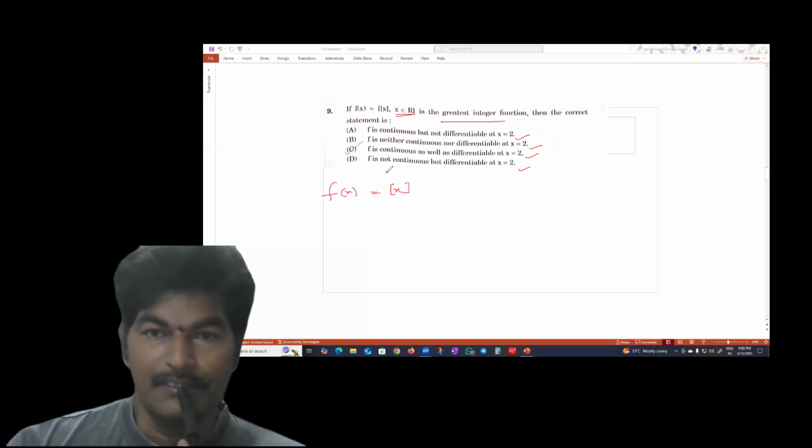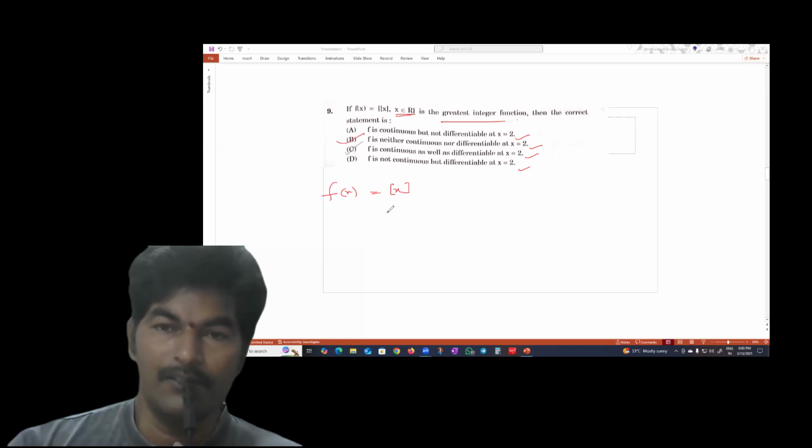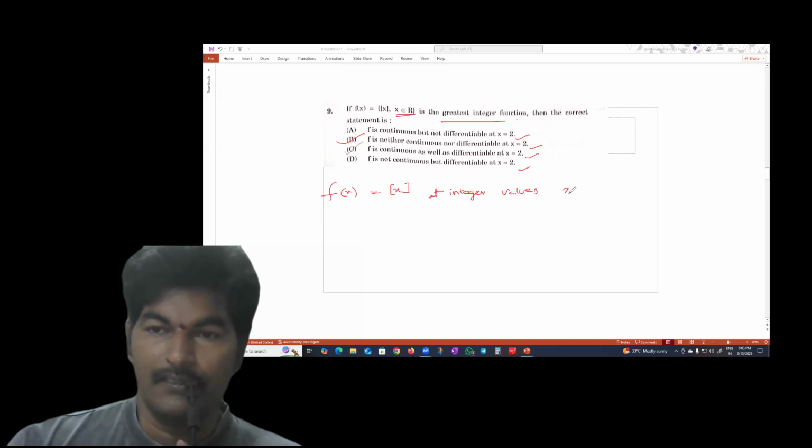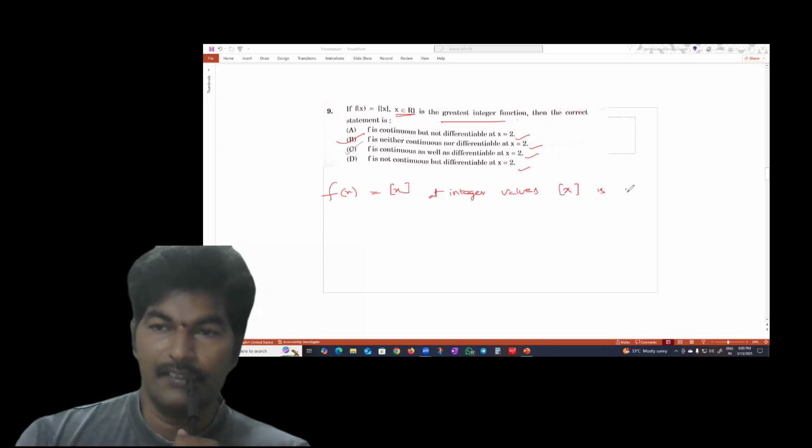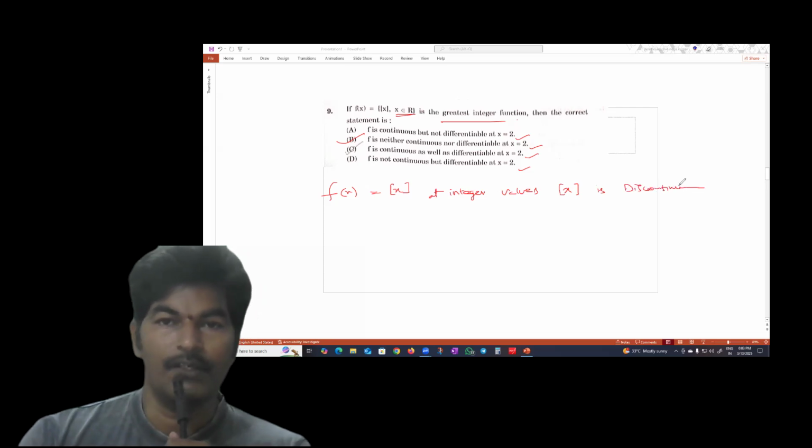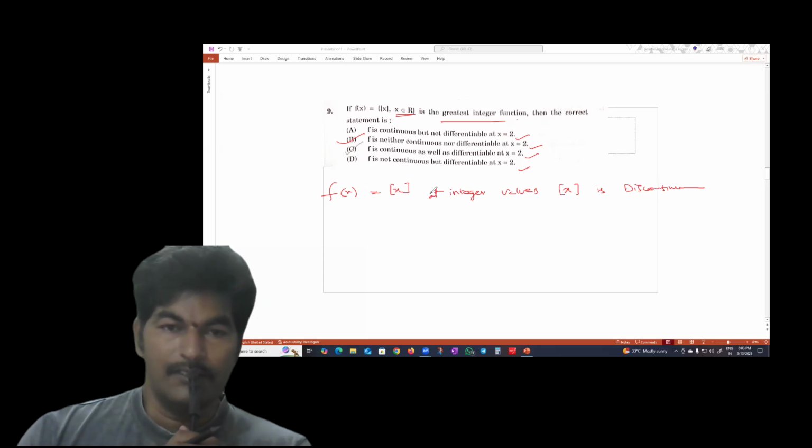So which option says f is neither continuous nor differentiable? Option B is correct. At integer values, the step function is discontinuous. It's a conceptual problem.